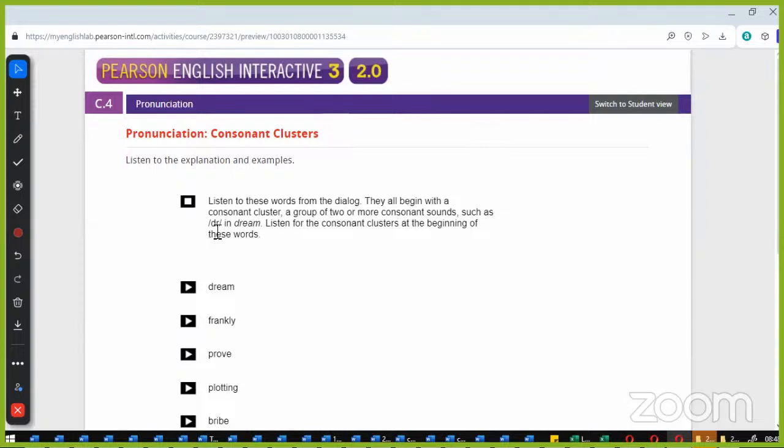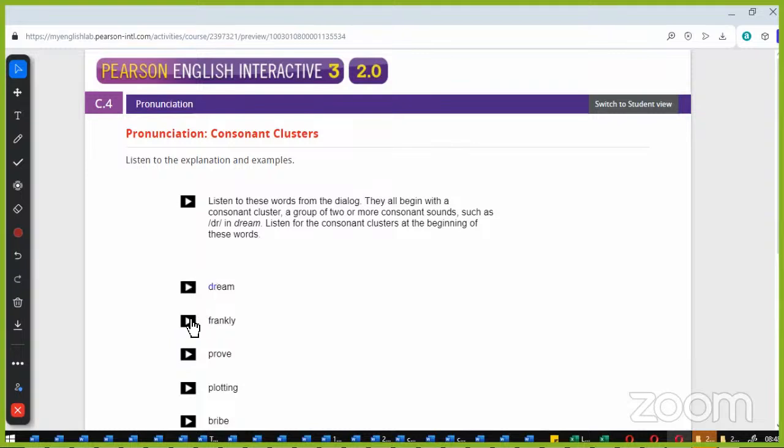Listen to these words from the dialogue. They all begin with a consonant cluster, a group of two or more consonant sounds, such as dr in dream. Listen for the consonant clusters at the beginning of these words.